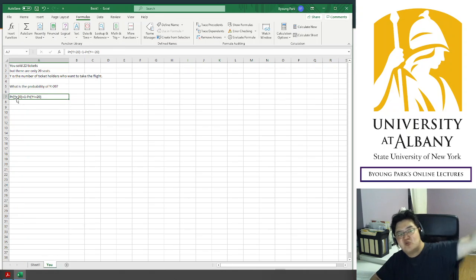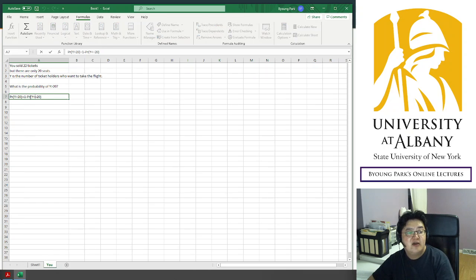Greater than 20 is the complement of y smaller than or equal to 20. So using the complement rule, you can calculate the probability as 100% minus the probability of smaller than or equal to 20.